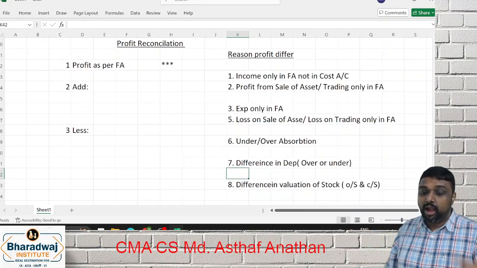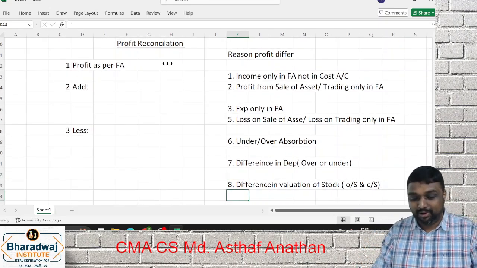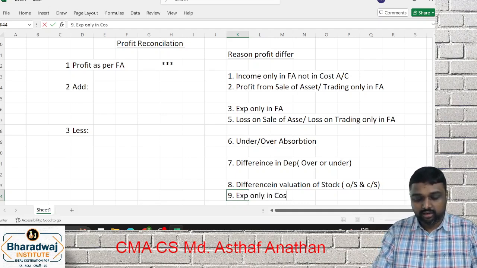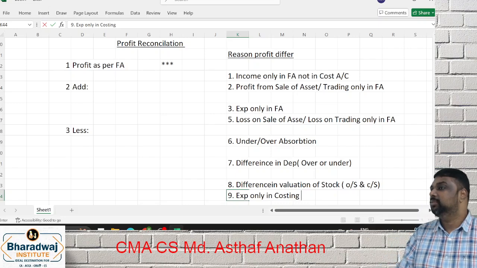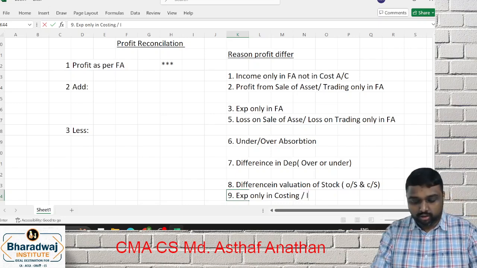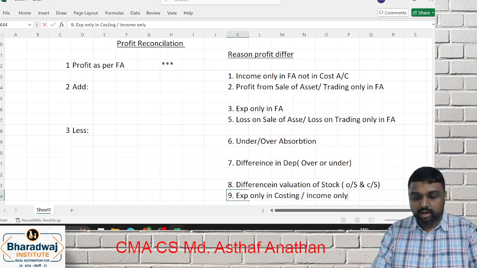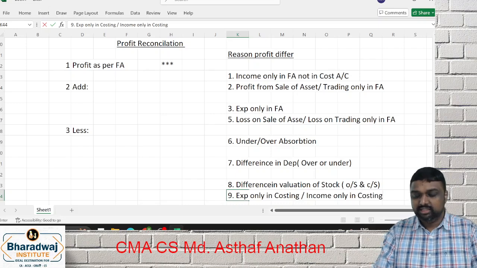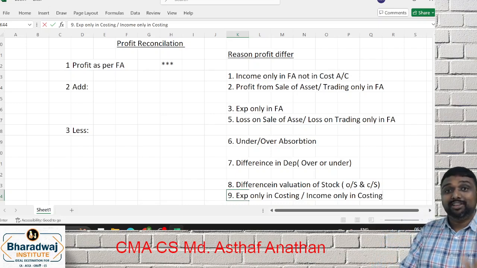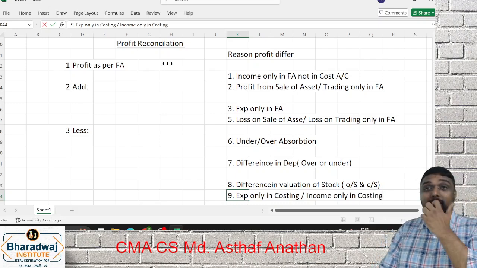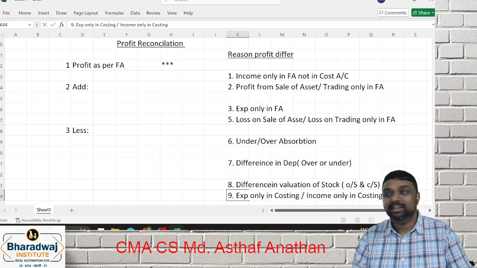Apart from this, you can take another point, that is expense only in costing or income only in costing. This is very rarely there, because what is the full form of financial accounts?